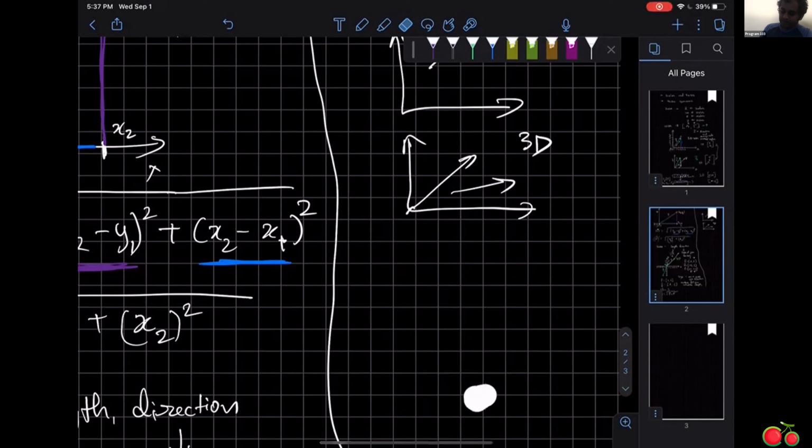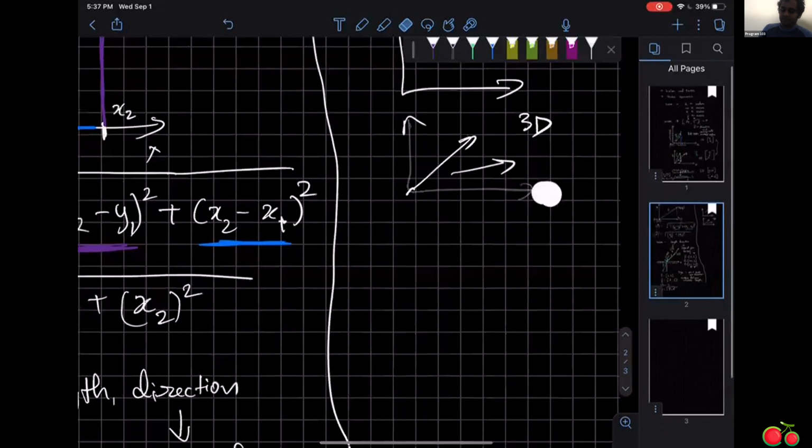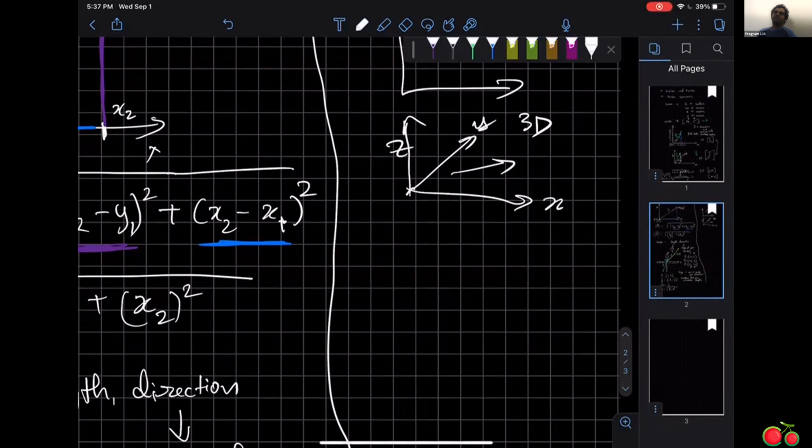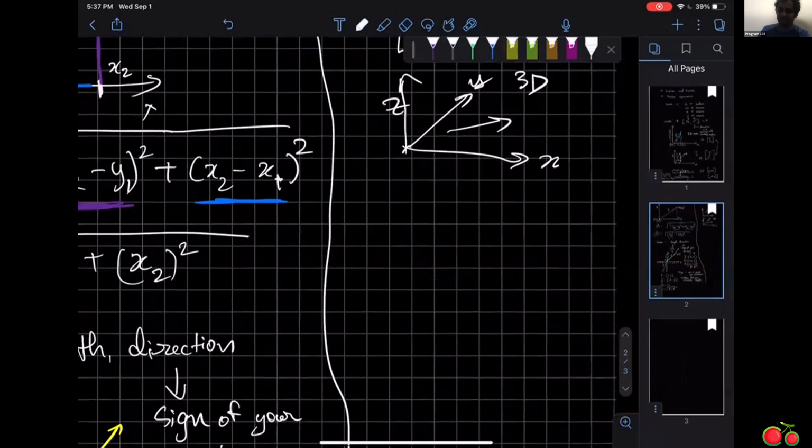So you might be wondering, we talked about X, Y, Z directions, but how can you talk about dimensions for data? So the simple idea is when somebody gives you a data set, you're going to have rows and columns.